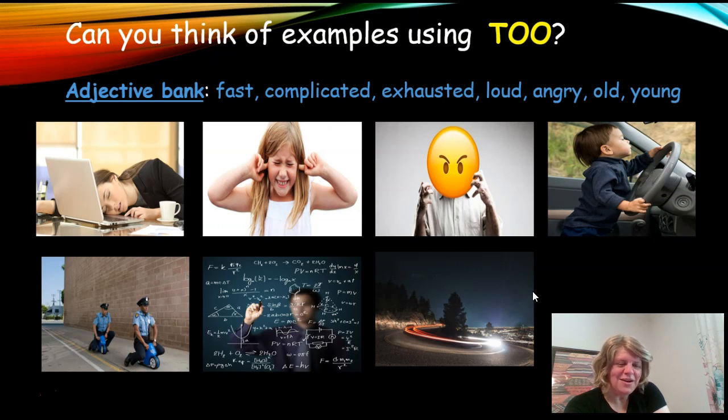You are right. Complicated. We can say this math problem is too complicated for me. And for the last picture, we have only one adjective left, and that's the adjective fast. What can we say about it? The car was too fast. We can expand the sentence and say, the car was too fast for me to notice the model.